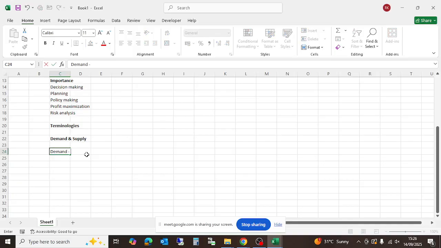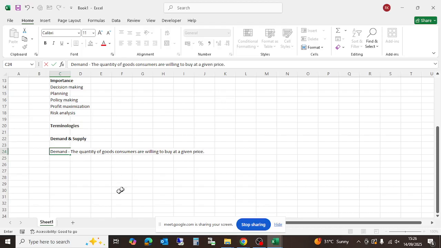When we talk about demand, we're looking at the quantity of goods consumers are willing to buy at a given price. This is what demand is.